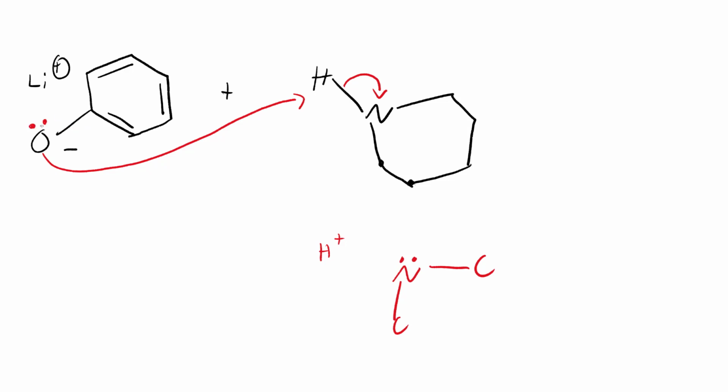It's 2, 4, 6, and 8. So it's going to bond together, and it would be that OH, and it would be bonded with your carbons. So let's eliminate this right here.